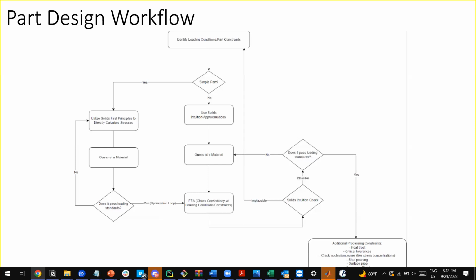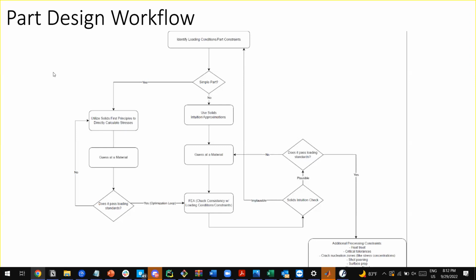FEA is great, and if you use it correctly, it can permit you to design extremely complex parts that you wouldn't be able to do by hand in the past. But the issue is if you don't understand the first principles behind it, you're not going to be able to tell if your FEA results are valid or not. And you'll also have a really difficult time deciding where to start when designing your part.